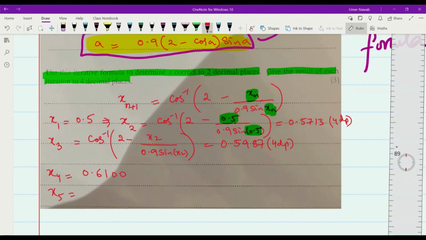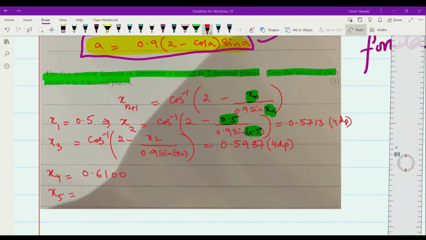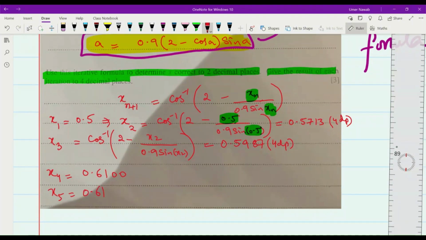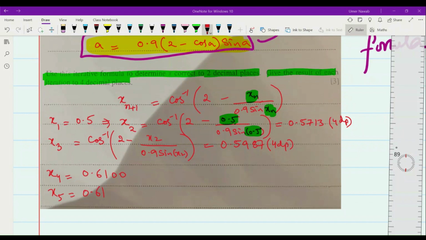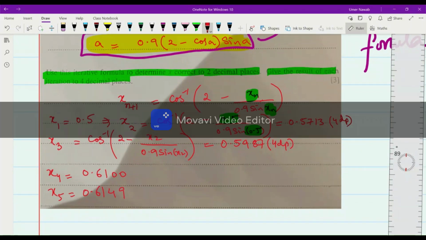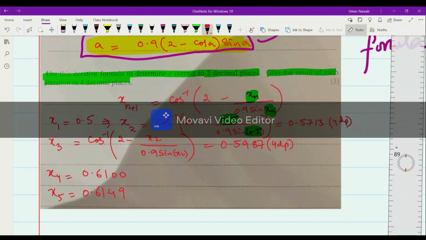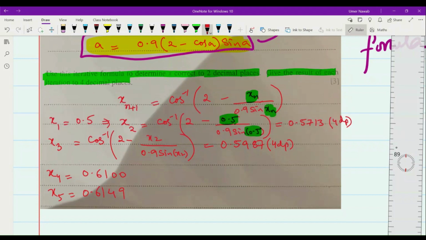Get your fifth iteration, 0.6149. All the values of your upcoming iterations have to be in four decimal places.